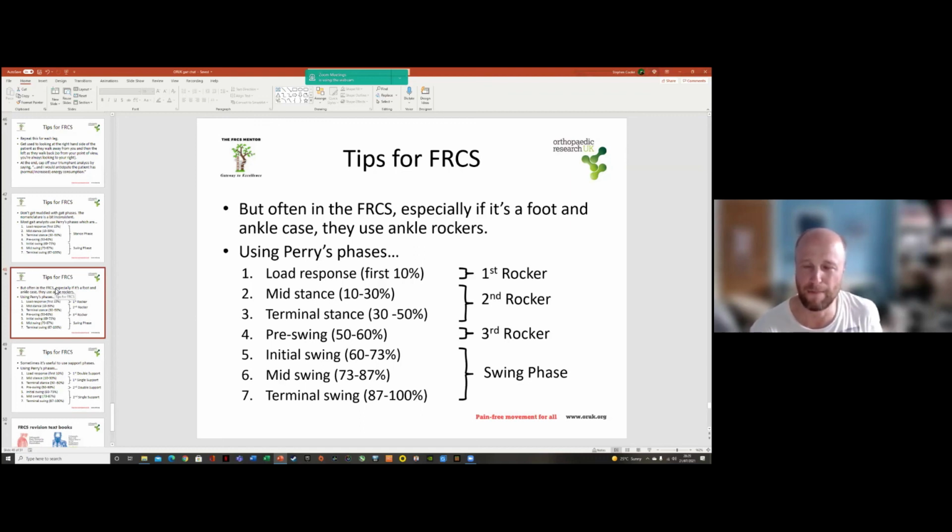Others use gait labs like we've got. Some use inertial measurement units, which are basically things you strap onto the body, without 3D motion capture. There are lots of problems with the variability of how gait analysis is done and how it's interpreted, which makes cast-iron recommendations of how it should be used difficult.